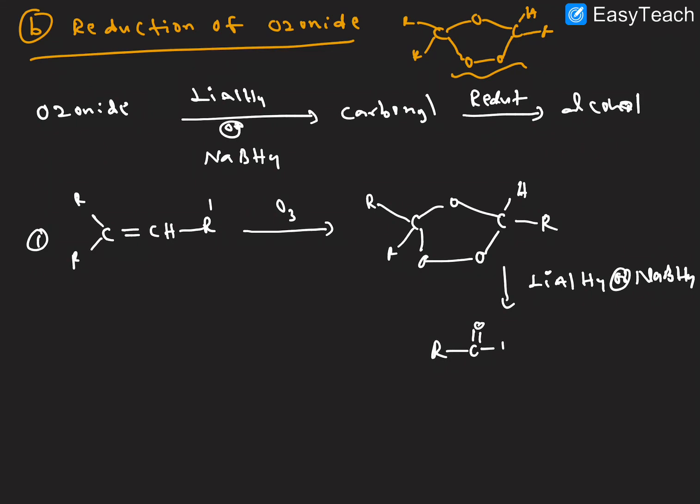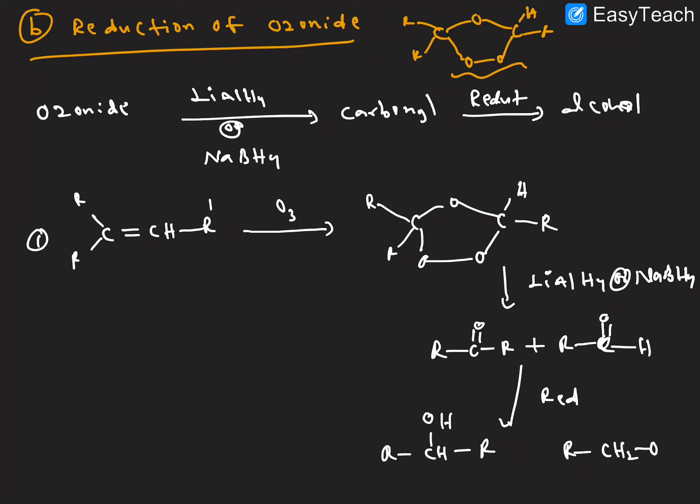Then it converts into a keto group, and then an aldehyde group. Further, reduction takes place. This is converted into secondary alcohol, CHOH, and this is converted into CH2OH, the primary alcohol, and this is the secondary alcohol. I hope it is clear.